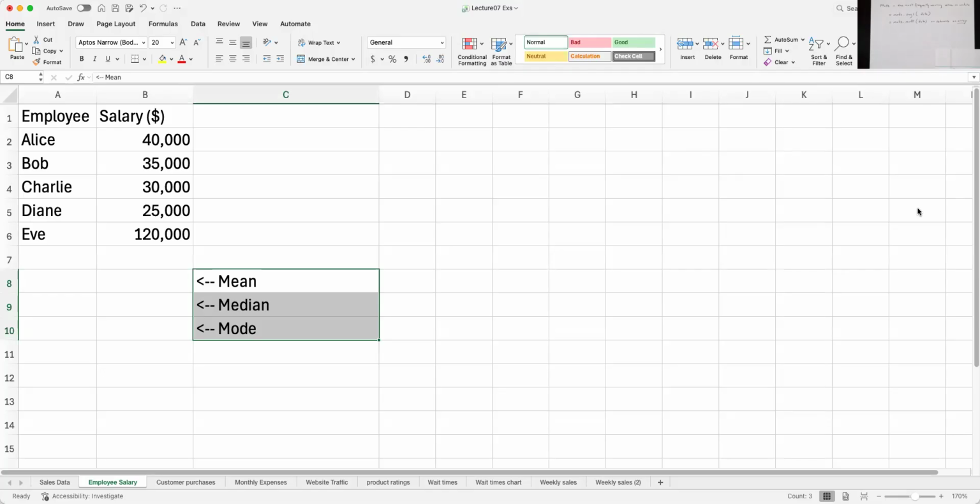What is the median salary? $35,000. What's the average salary? Oh, crap. 50,000. Hang on a second here.